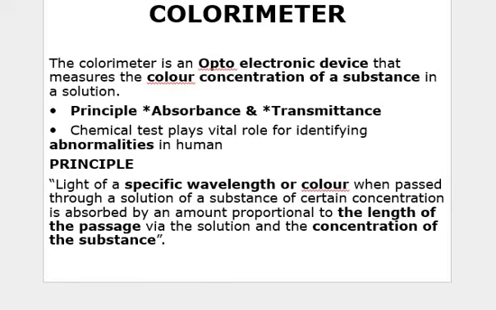Since we are discussing biomedical instrumentation, it can be a solution of a biological component. We can take blood samples, in which we can measure different components, WBC, RBC, and platelets. But here we will be taking into account only the color.